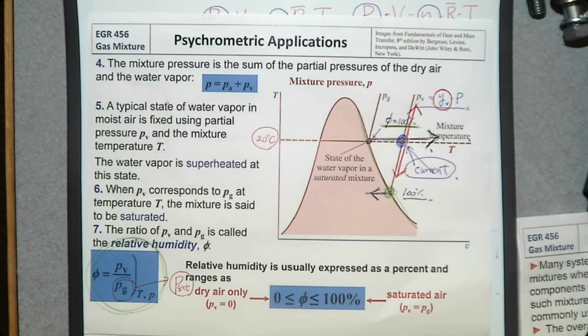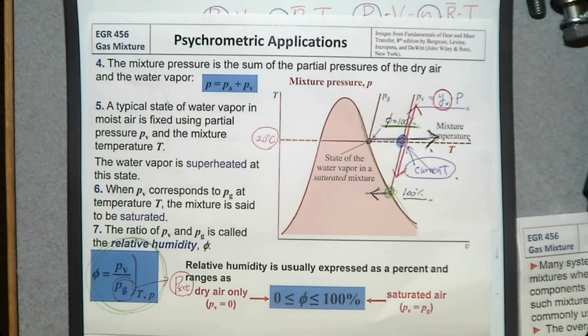So the 100% relative humidity occurs when the partial pressure of water vapor is the saturation pressure. And if you go to the steam table, you can find the saturation temperature. If the partial pressure of water vapor is the saturation pressure, that's when you have the maximum amount of water in moist air.